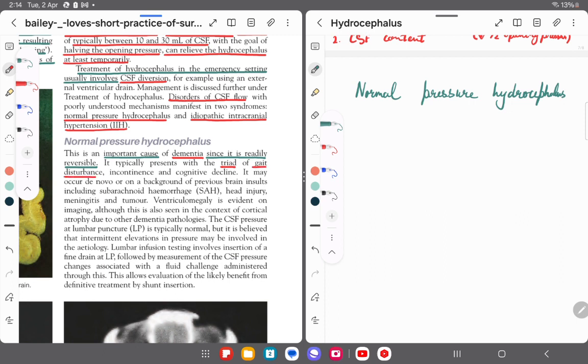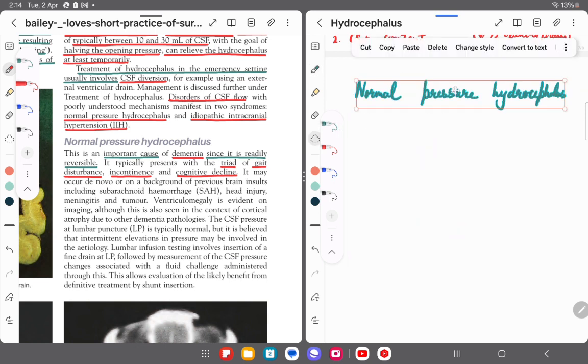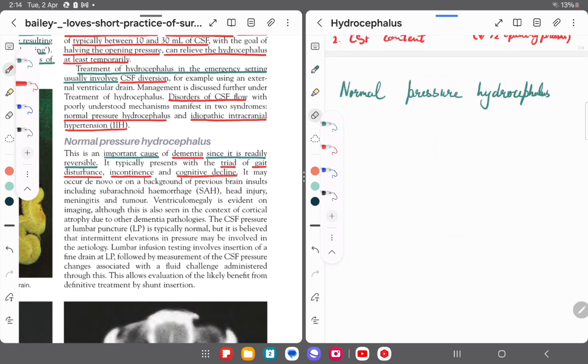Gait disturbance, incontinence, and cognitive decline. So normal pressure hydrocephalus is an important cause of dementia.